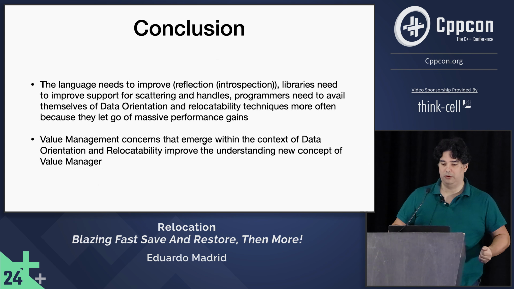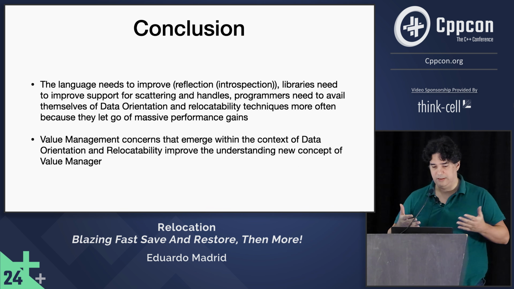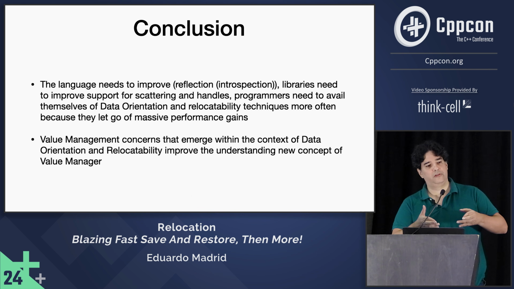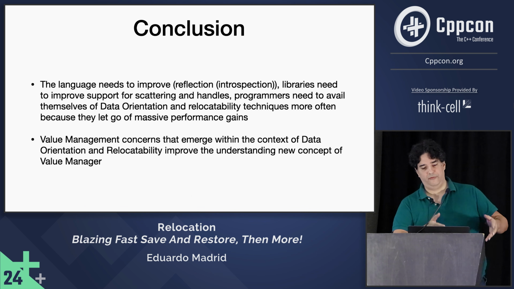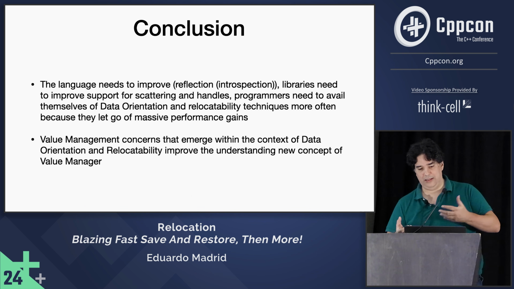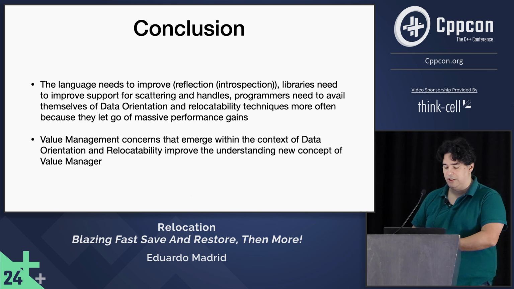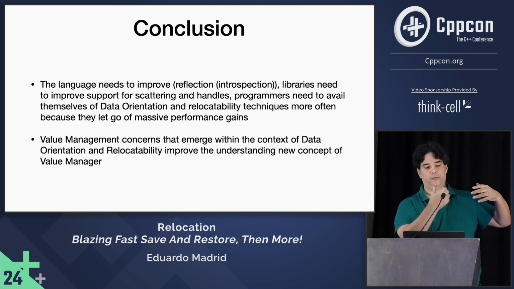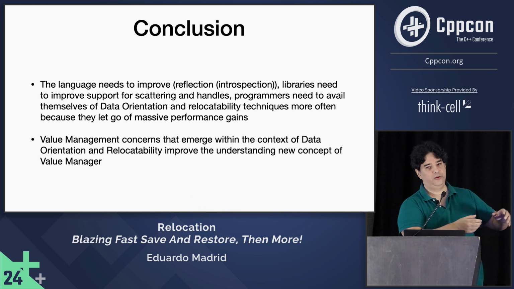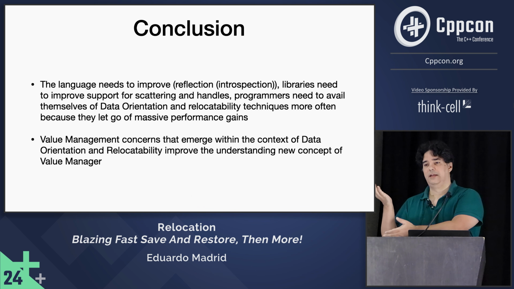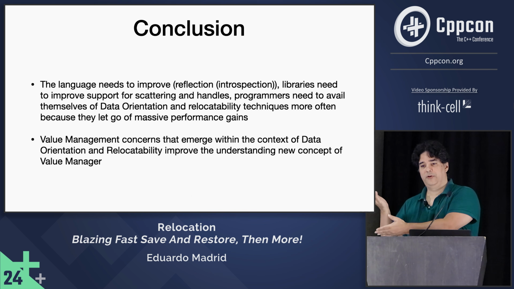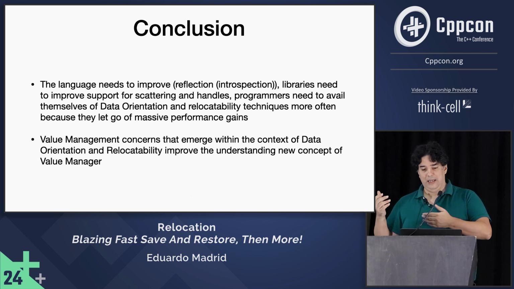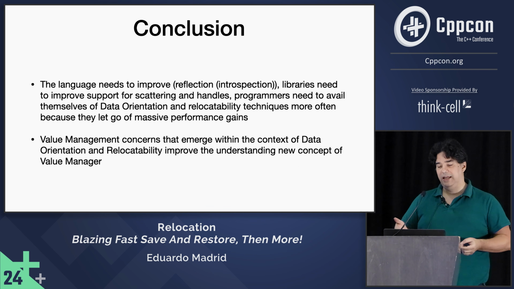We're just going to talk about the conclusion, which is the language needs to improve some capabilities, in particular reflection, and in particular the sub-aspect of reflection of introspection, because otherwise this amount of work of the transformation from the normal to the column-wise is quite fraught with effort and peril. Libraries need to improve support for scattering and handles.